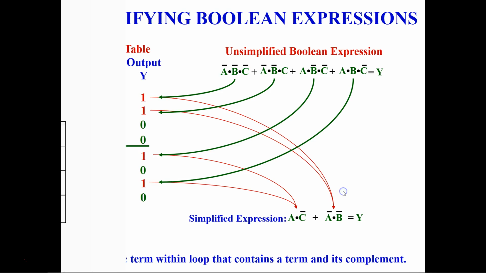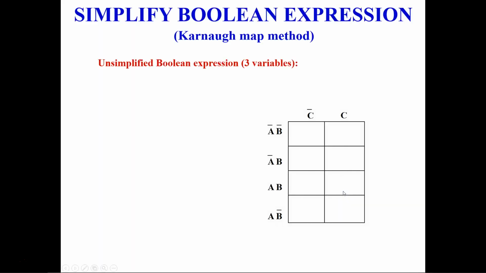Now let's move on to another simplification way. I forgot, first was that you can use the formulas, second you can do it directly from the truth table, and the third one is using the Karnaugh map method. It is also sometimes called K-maps.